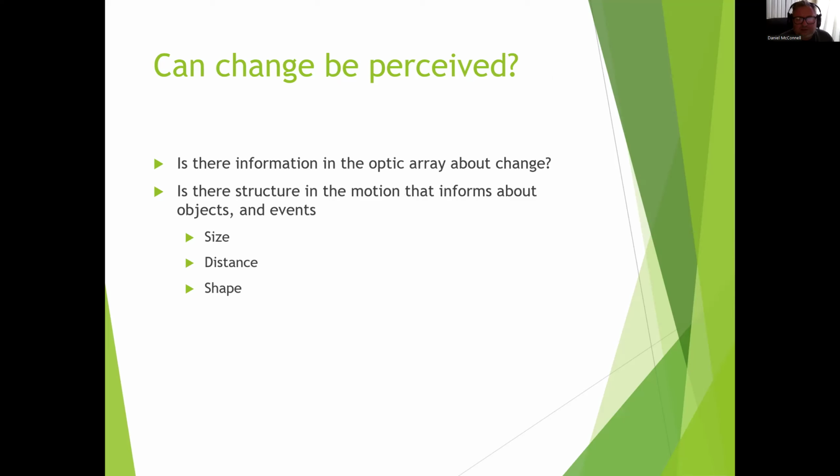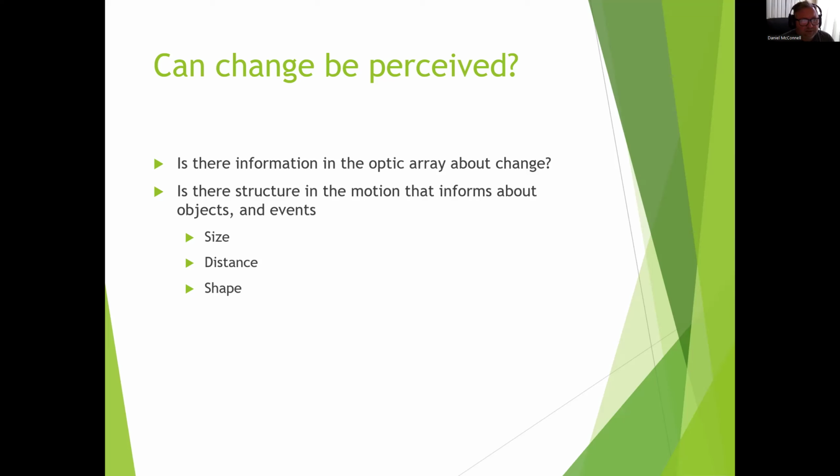So let's get into the question now. The question here is, can change be perceived? But I've already asserted that we're going to assume or hypothesize that it can be. But we need to talk about the information about change. That's what we're really concerned about in this unit when I've been talking about the ecological approach. What is the information about something happening? So we've treated the optic array as a form of information, patterns in optic flow as a form of information.